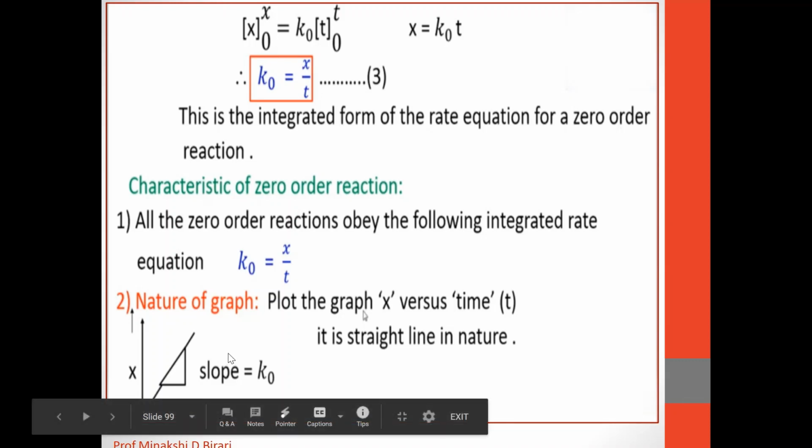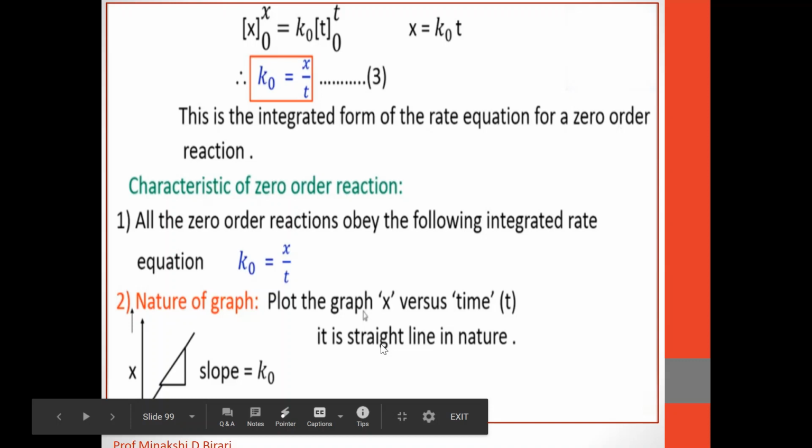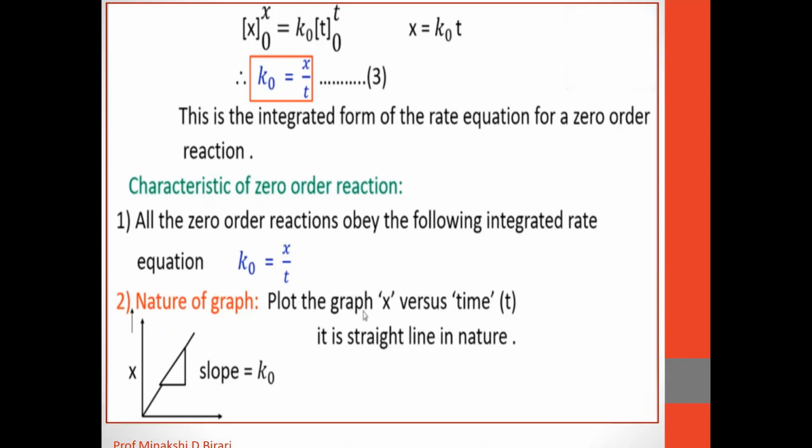If you calculate the slope, the slope is equal to K0. That is nothing but the rate constant or proportionality constant of the zero order reaction.